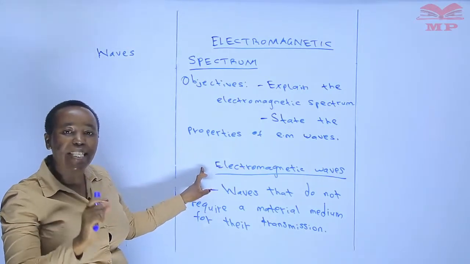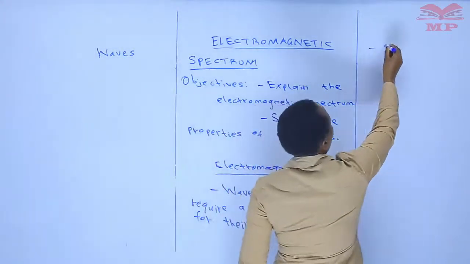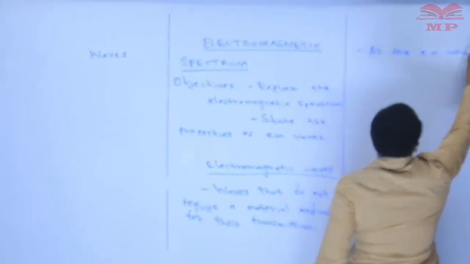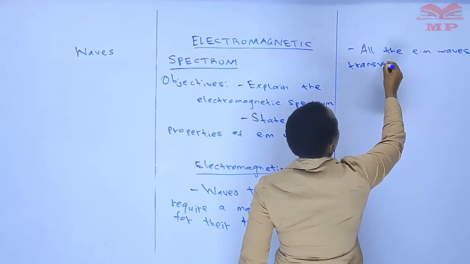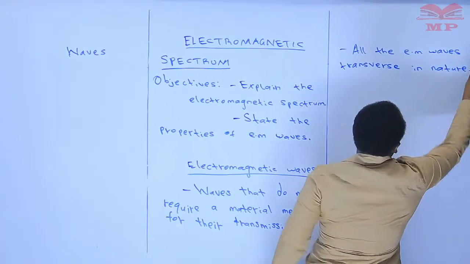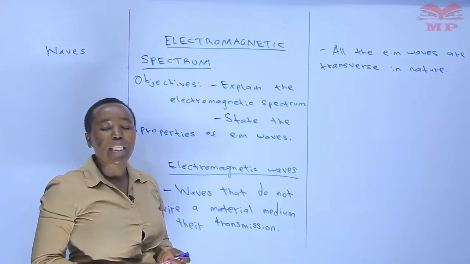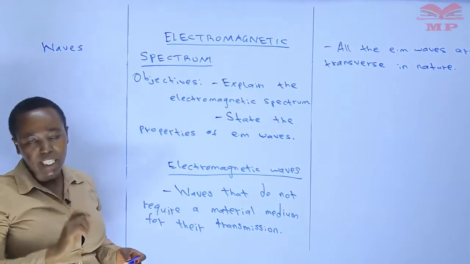And these electromagnetic waves, again, all of them are transverse in nature, meaning that the vibration of their particles is at right angle to the direction of wave travel.